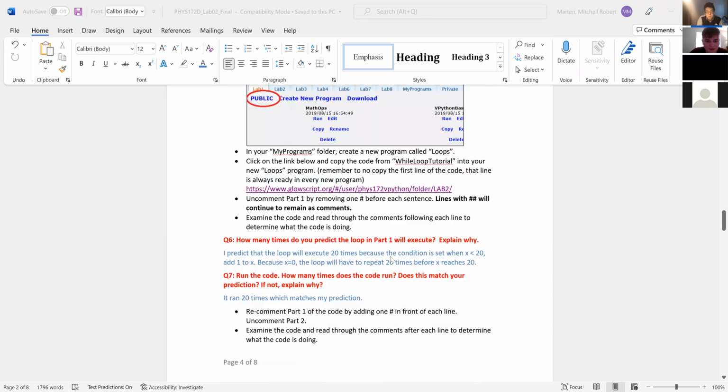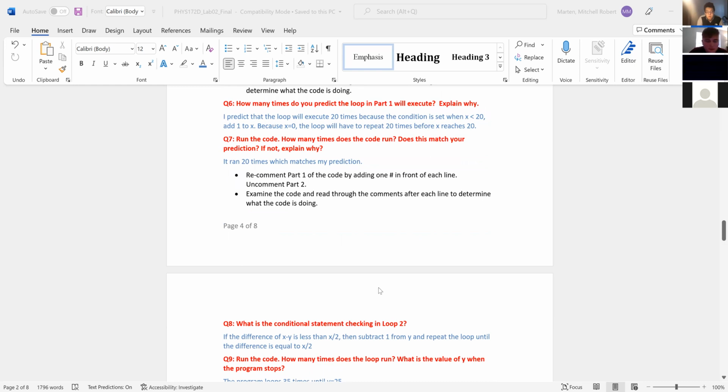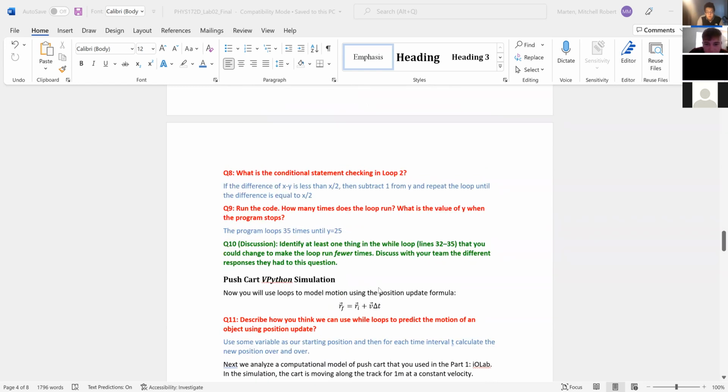Next question. So this is about the coding with the loop lines. It says identify at least one thing in the while loop that you could change to make the loop run fewer times. Discuss with your team the different responses they had to this question.